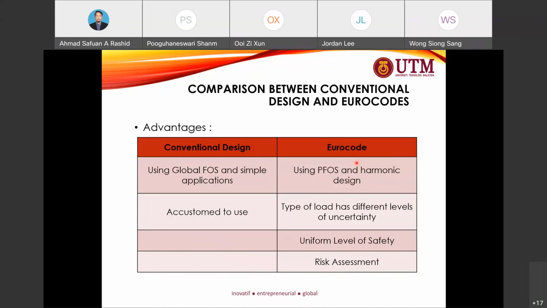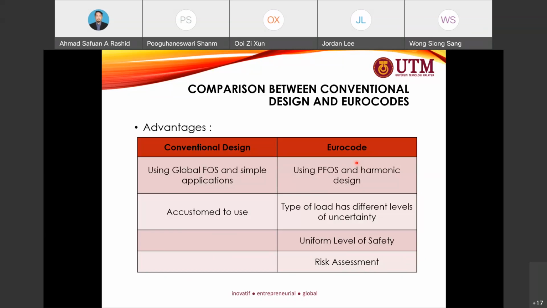For the Eurocodes, using the partial factor of safety and harmonic design, at the end we want to identify what is the factor of safety. The type of load has different levels of uncertainties, so we may have a different type of approach, for example favorable and unfavorable in terms of the load that we may use.